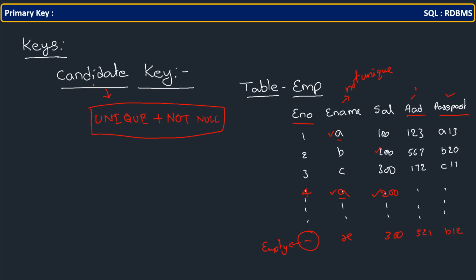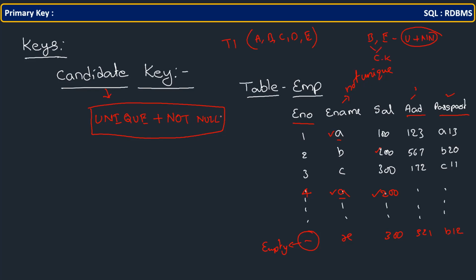Who will become the candidate key? Whoever has data that is unique and not null. So don't bother about the names. Even if I mention column names A, B, C, D, E in a particular table T1, with 5 columns, if I mention that B and E are unique and not null, then you must understand these two are the candidate keys.